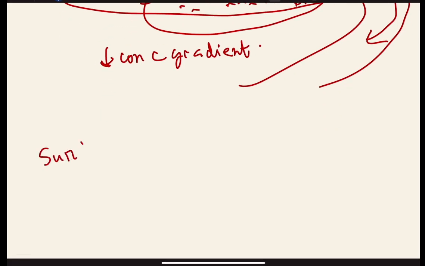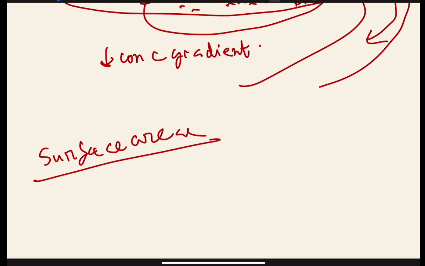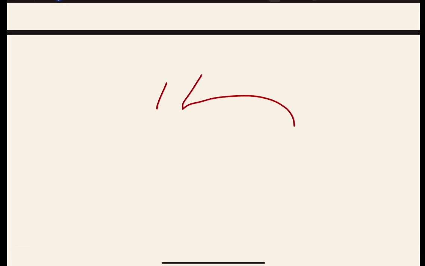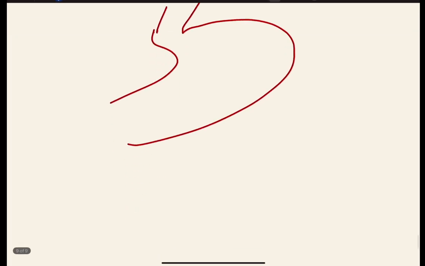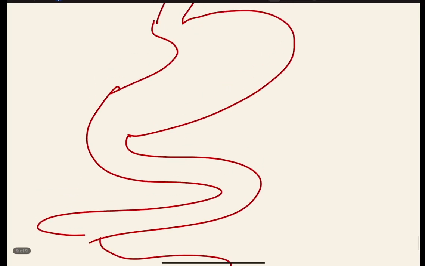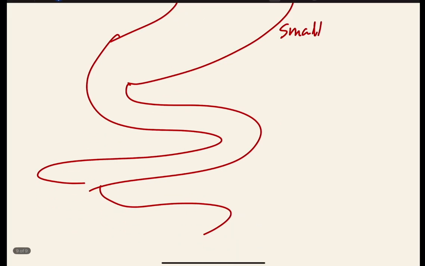There is another thing called surface area. Surface area is also very much important, mainly in case of absorption, because if you think about oral absorption, there is the stomach and there is the small intestine. In the stomach we have small surface area, but in the small intestine we have large surface area.